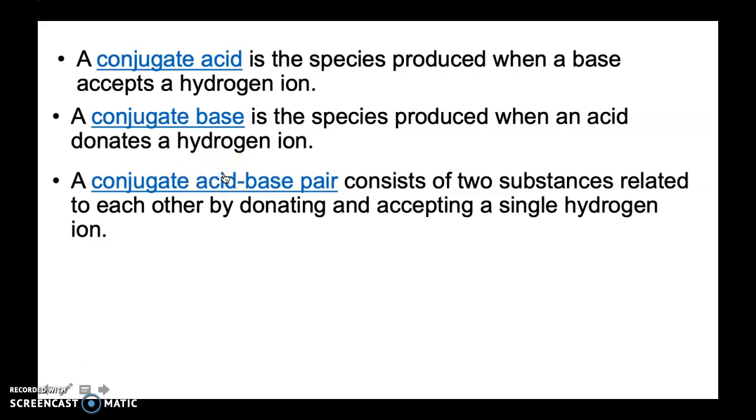A conjugate acid-base pair consists of two substances related to each other by the donating and accepting of a single hydrogen ion. Okay, let's see an example so it will be clear. So conjugate acid is when a base accepts a hydrogen ion. Conjugate base is when an acid donates a hydrogen ion.